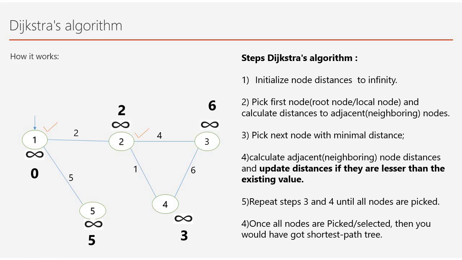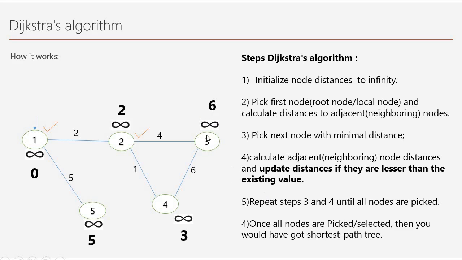And similarly to reach node 4, already 2 units is there, then plus 1, that is 3. So you need 3 weight to reach node 4 from node 1, right? I am updating it only because whatever weights I calculated are lesser than the existing value, that is infinity.